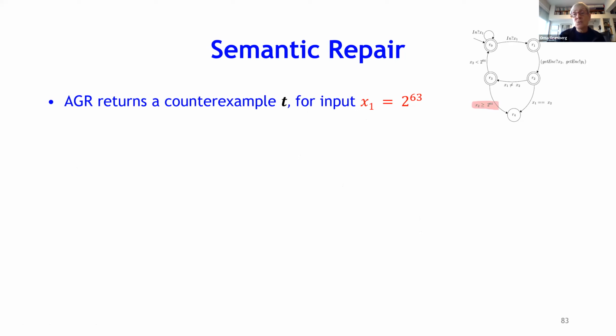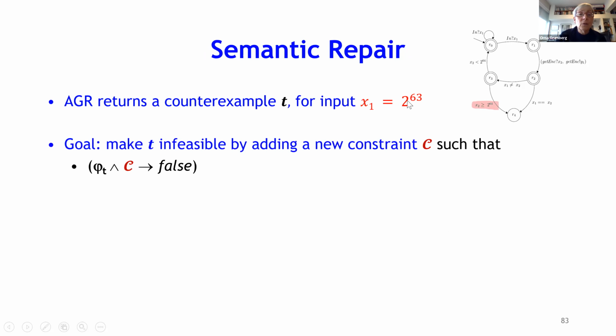For instance, we have a counterexample when x1 equals 2 to the 63. We then form a formula for this counterexample, phi, and we search for a constraint that together with phi will result in false, meaning that the new trace will not be feasible.